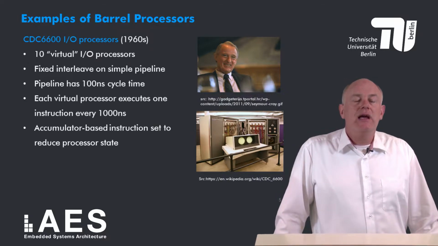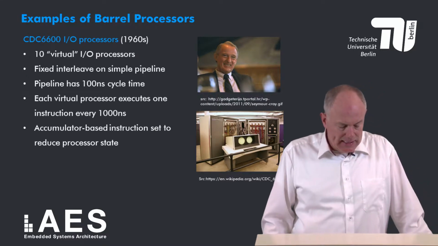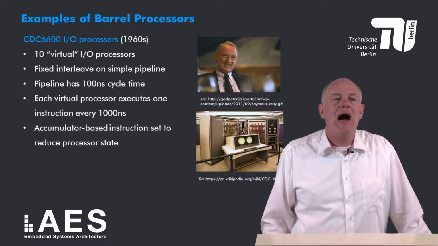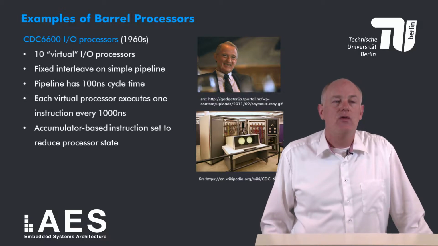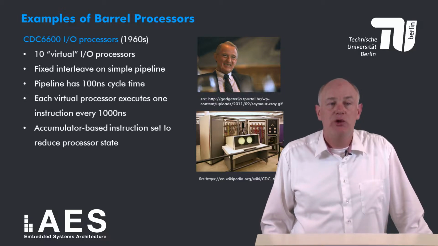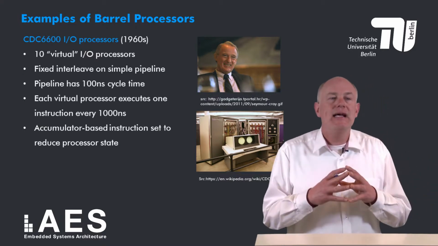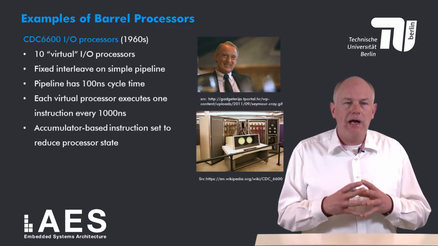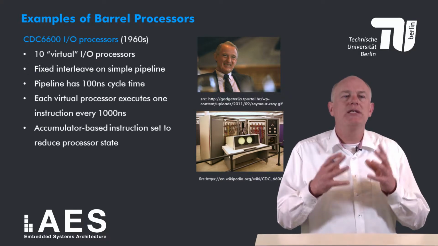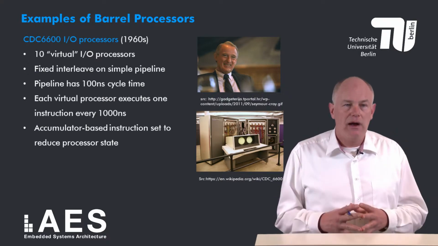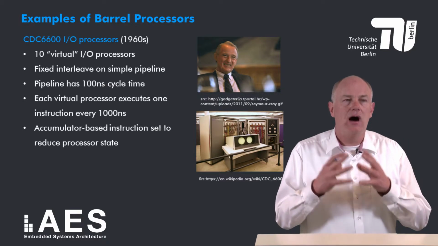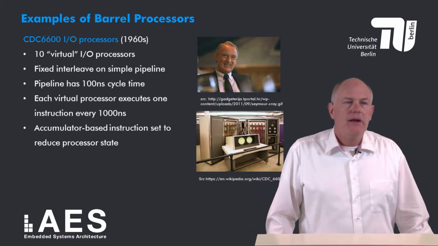Let me briefly give some examples of barrel processors. For example, the CDC 6600 I/O processor, which was produced even in the 1960s. It had 10 virtual I/O processors. Now we would say 10 hardware threads, 10 hardware contexts.